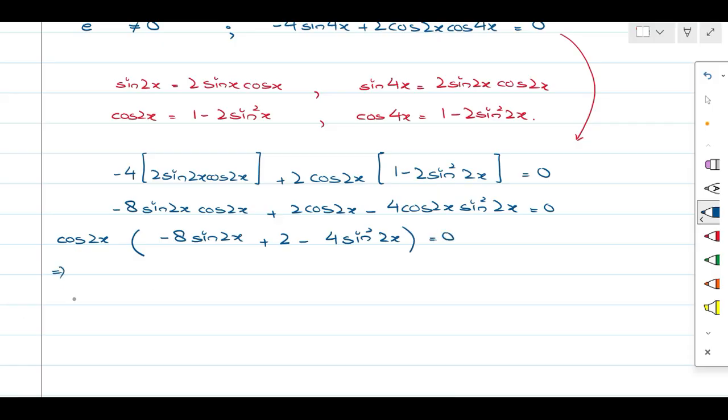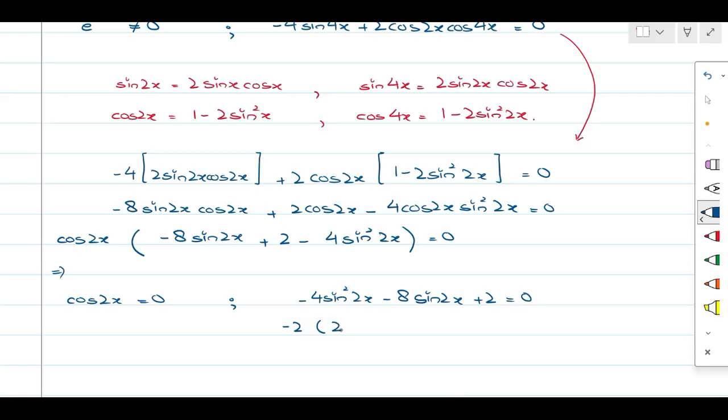So this implies cos of 2x is equal to 0, or minus 4 sine square 2x minus 8 sine 2x plus 2 is equal to 0. From here we can take negative 2 common.